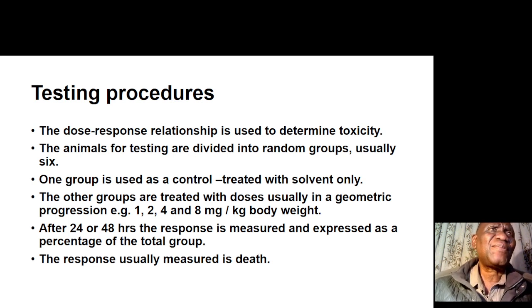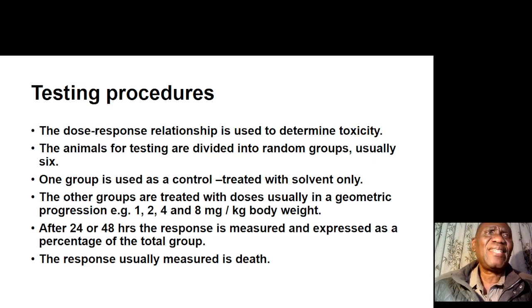So the animals for testing are divided into random groups, usually 6. One group is used as a control. This could be treated with a solvent only or a blank. The other groups are treated with doses, usually in a geometric progression. These are treatments. For example, 1, 2, 4, and 8 milligram per kg body weight.